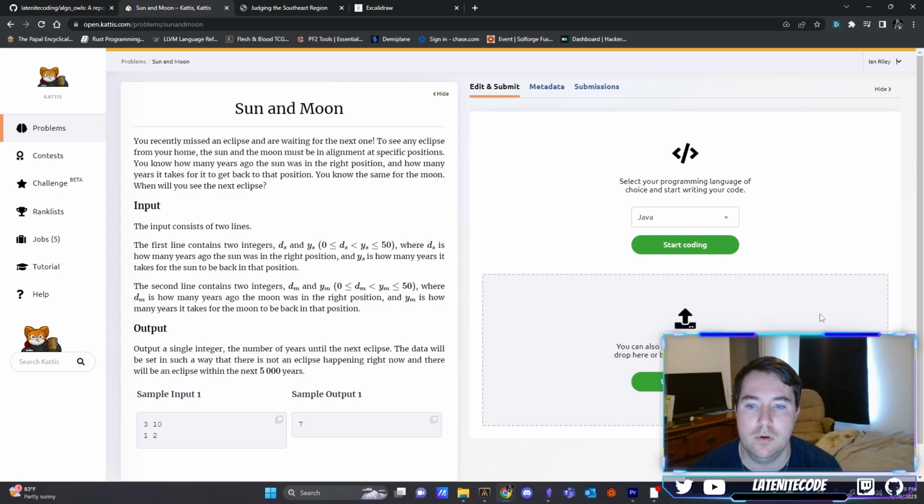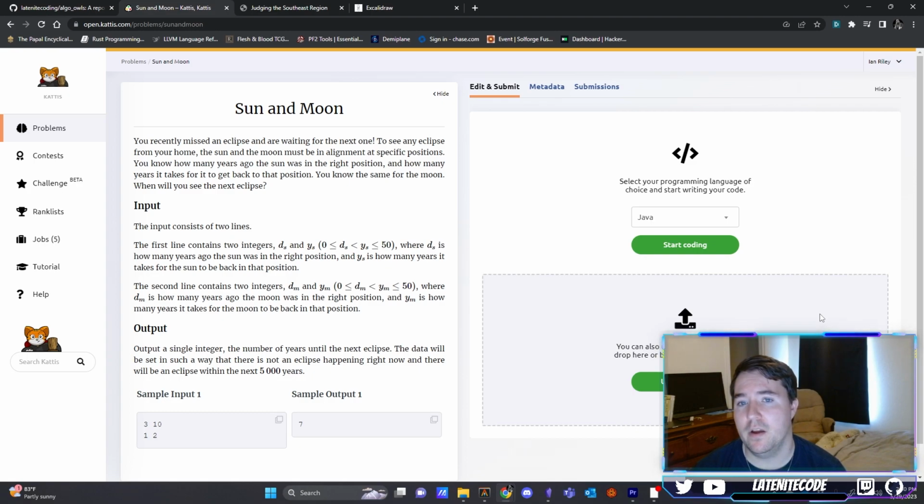We also saw the moon at this position dm years ago, and we know it takes ym years for the moon to come back. Based off of these two offsets and the cycles at which they go through a full loop, we have to figure out at what point in time they will both line up on this position that our telescope is pointed at.